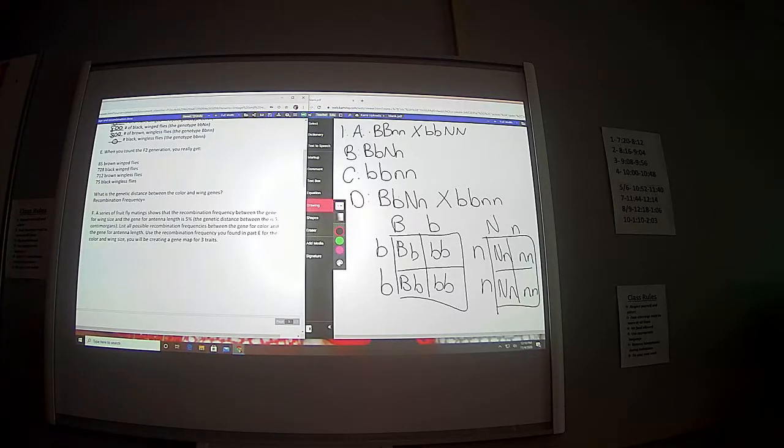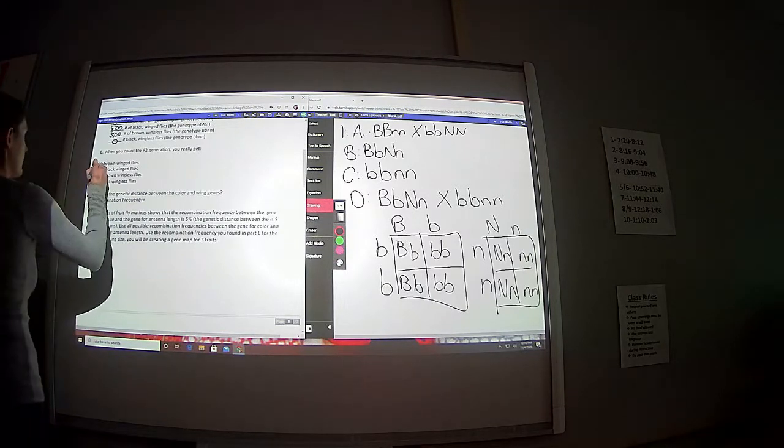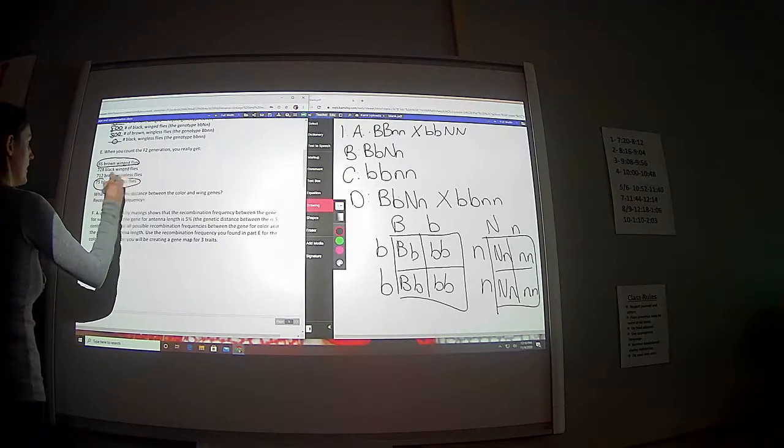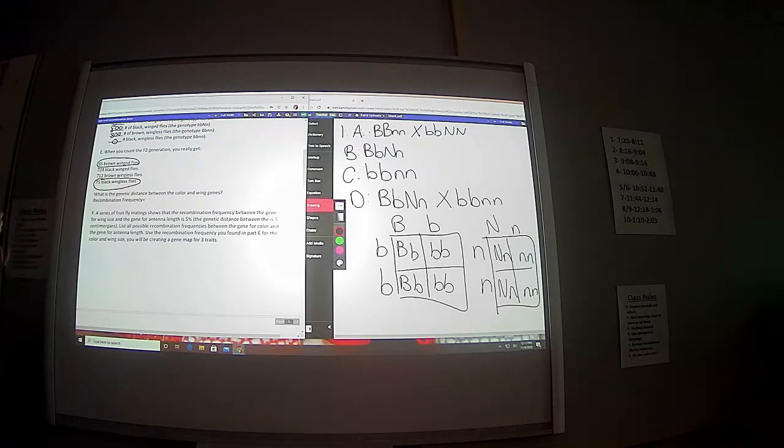So what is the genetic distance between the color and wing genes? So we're looking for the recombination frequency. You're going to take your recombinant traits, which is your 2 smaller traits, and you're going to divide them by all of the possible outcomes. So I know a brown wingless fly is going to be a recombinant, and a black winged fly is going to be a recombinant, because those are not what our parents were.